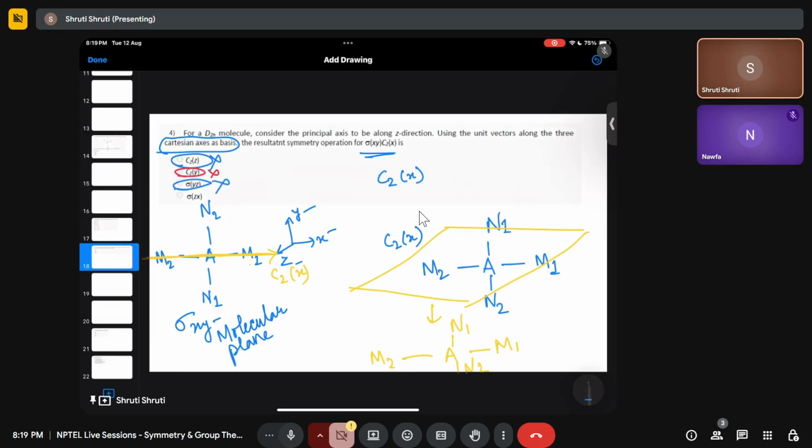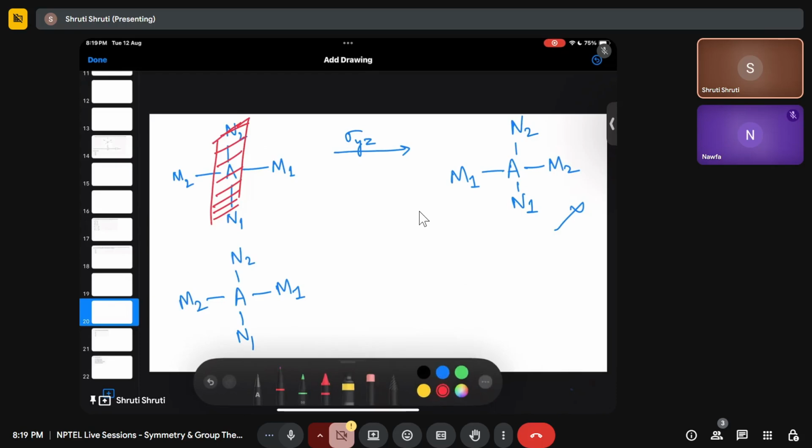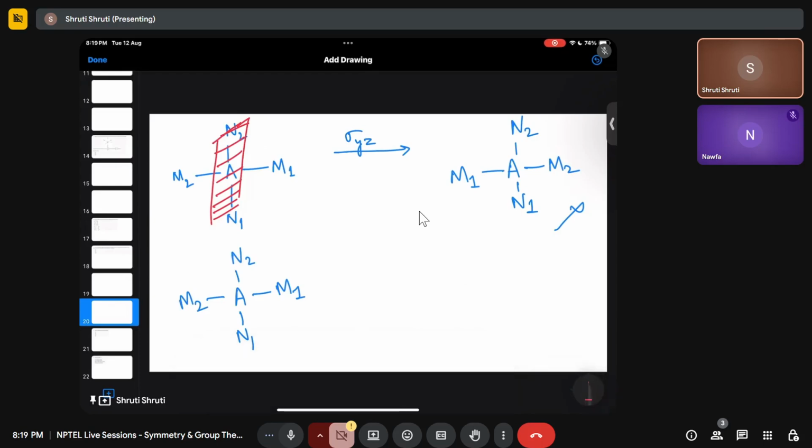Next is sigma xz. This is x, this is y, this is z. So sigma xz is this plane.